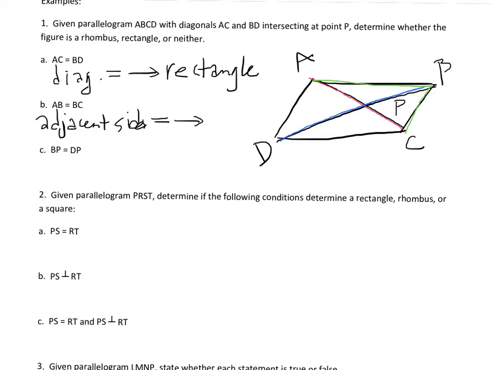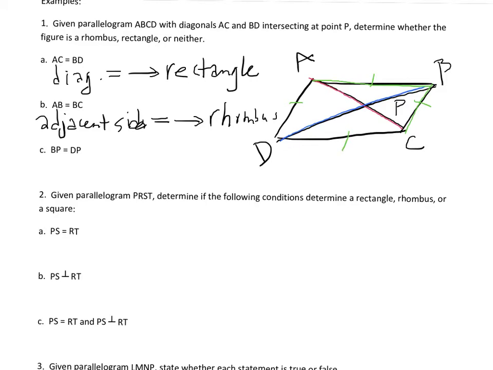Therefore, I can conclude that I have, in fact, a rhombus, because that is one of the properties of a rhombus, that adjacent sides are the same length. Because I know it's a parallelogram, I know that opposite sides have to be equal, and therefore that would conclude that that's a rhombus.